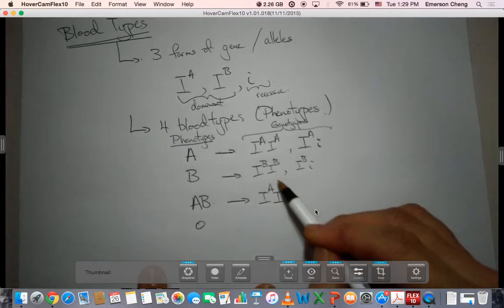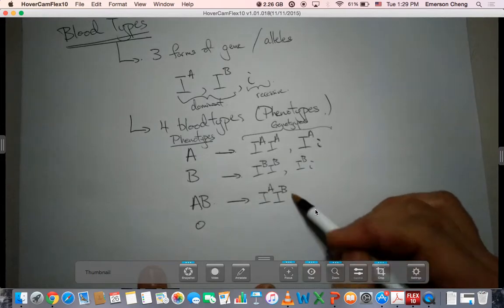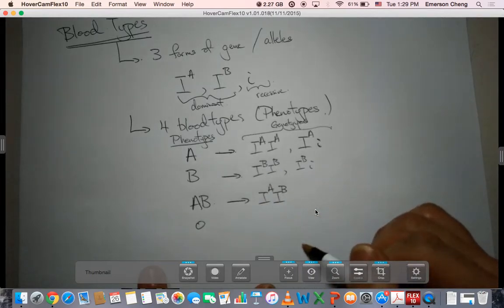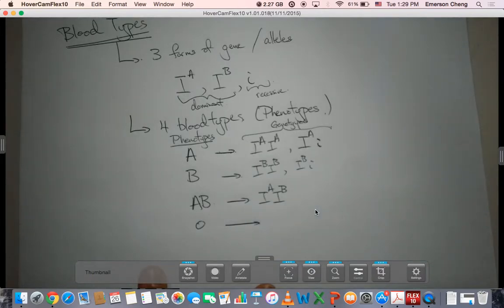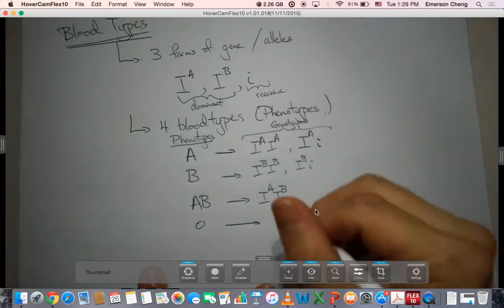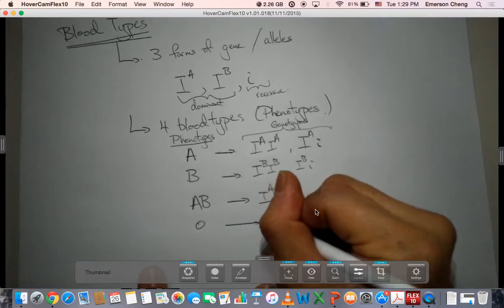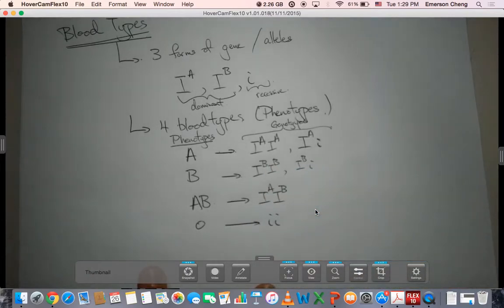So this is still heterozygous, but codominant. Blood type O. Who has blood type O? Okay, good. You only have homozygous recessive. You have two small i alleles. What it also means is this.